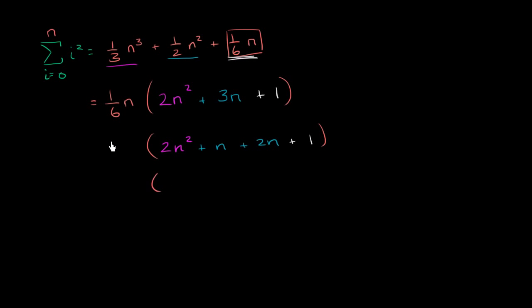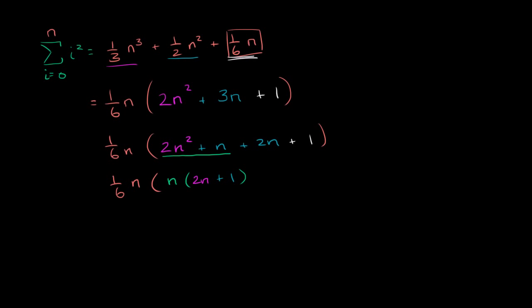Let me just write the 1/6 n here so you know what I'm doing. 1/6 n. So if we factor out an n right over here, we would have n times 2n plus 1. So that's what's in green right over here.